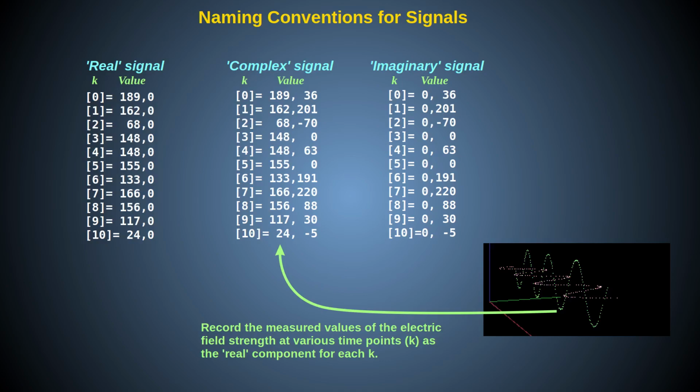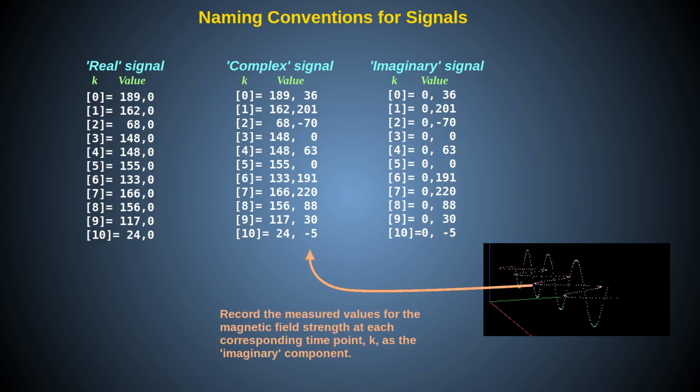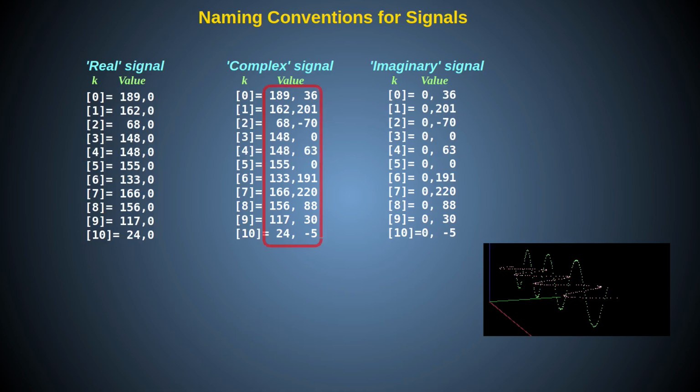Now, if you can record or calculate the magnetic field strength of the same waveform at the same points in time, you can record those measured results as the corresponding imaginary components of your recorded sampled function. The paired values so recorded will behave in the physical world according to the mathematical rules described by complex numbers.